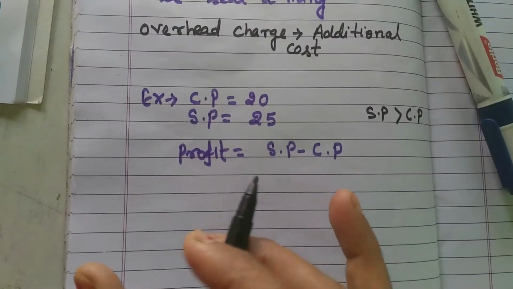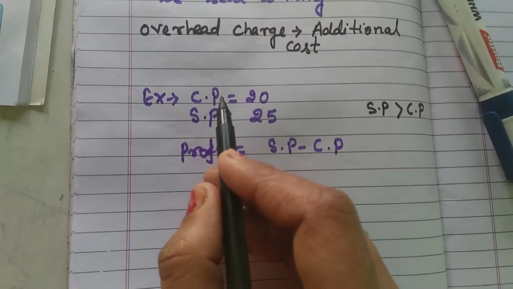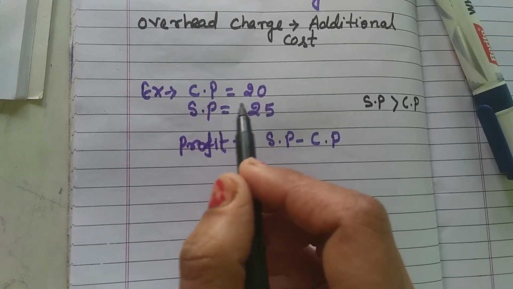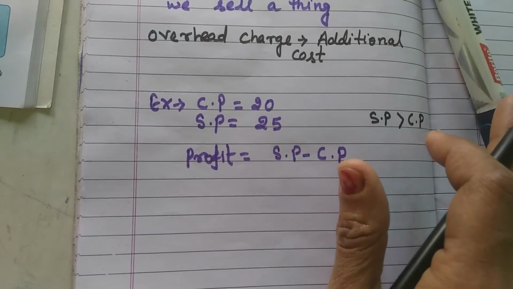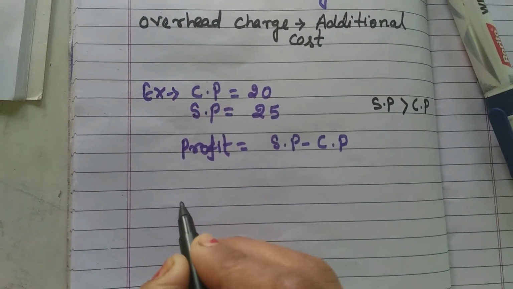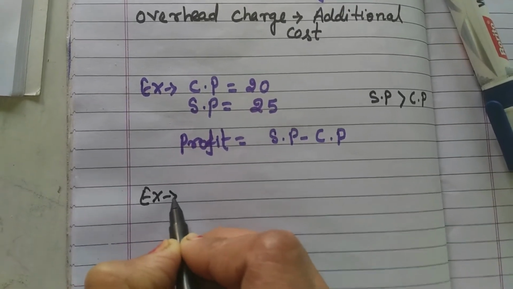Okay? And suppose one more example, the same one. Suppose you bought at 20 rupees and you are selling at 15 rupees. The same marker you are selling at 15 rupees. In that condition you are getting loss. Example, I am taking here for loss.